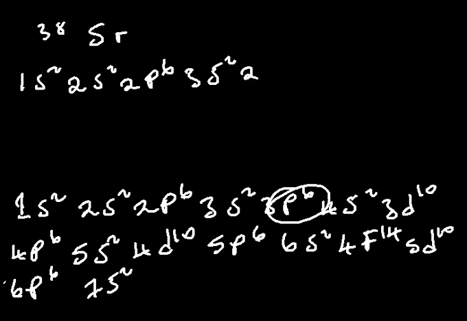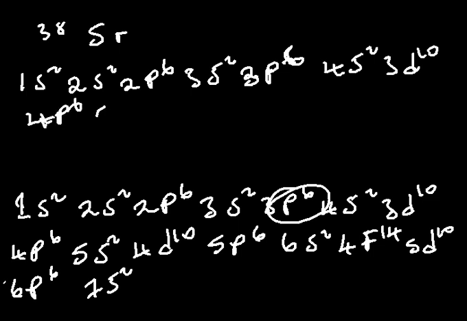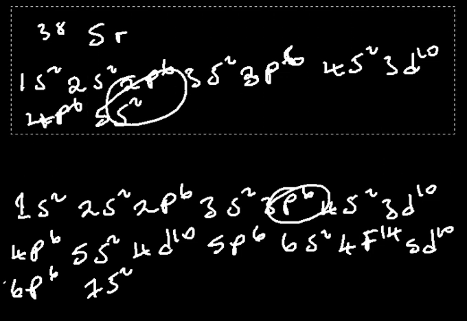Then we'll have 3p6, that is 18. Then we have 4s2, that is 20, which means we are still remaining with 18. Then you have 3d10, we are remaining with 8, and 4p6, we are remaining with 2, and 5s2 will be that one. So this is the electron configuration for that one.